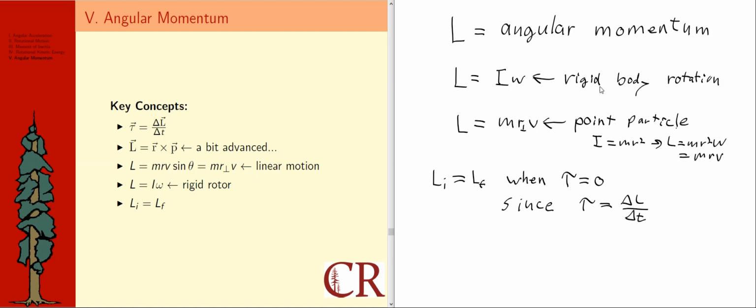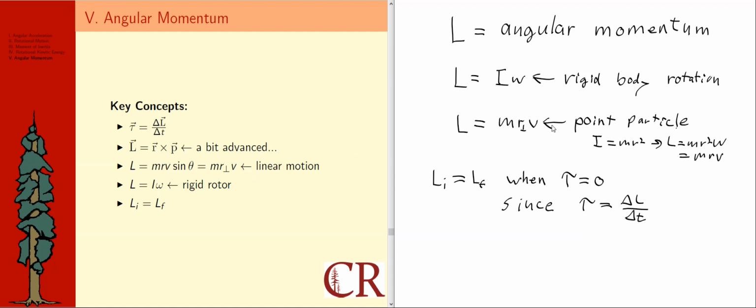We're going to be talking about an object that has some well-defined rotation axis and is rotating around that axis. But the question I could raise at least is, if an object is not rotating, but maybe simply moving, could it have angular momentum? And the answer is yes, it can. And this formula turns out to work for that. And so that's why I labeled it with linear motion over here.